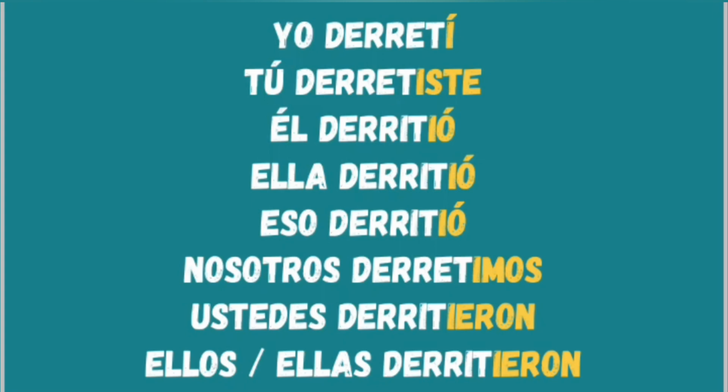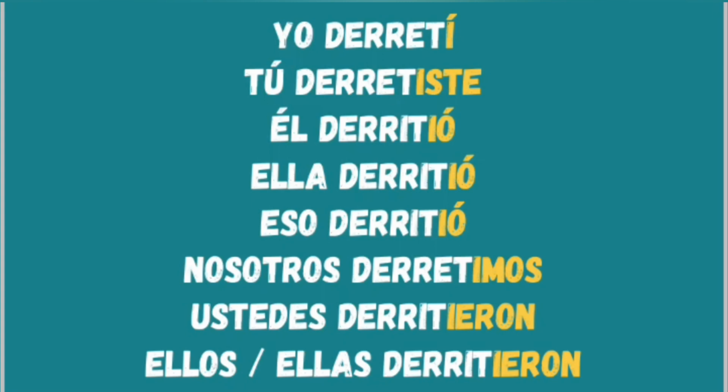Now, if you have the personal pronoun you, tú, then you have to say you melted, which means in Spanish, tú derretiste, okay? Now, if you want to say he melted, you have to say él derritió. If you want to say she melted, you have to say ella derritió. If you want to say it melted, you have to say eso derritió.